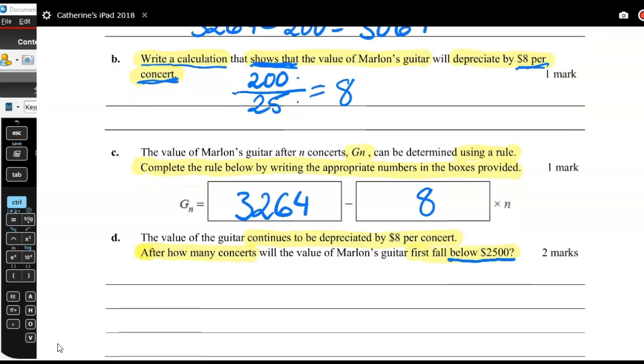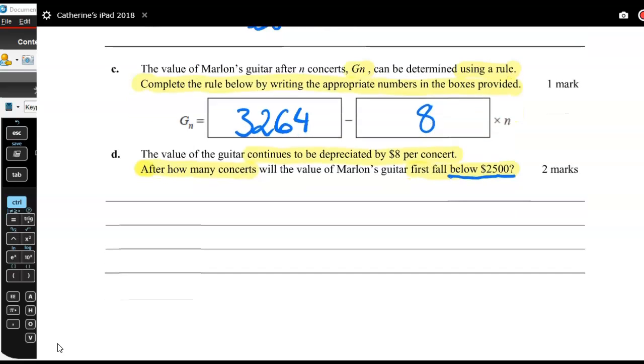A few ways we can start to think about that. I'll go through a couple of ways. One way is, it started off at 3,264 and it goes down to 2,500.